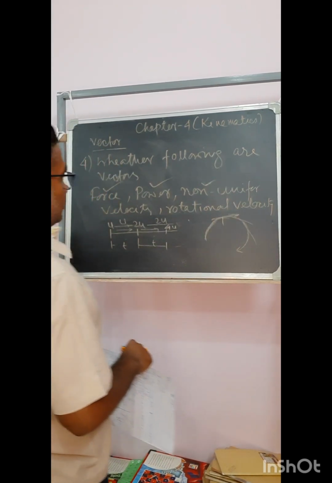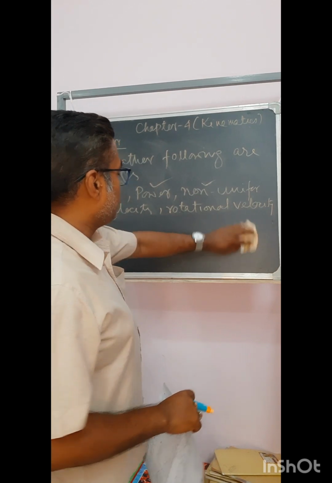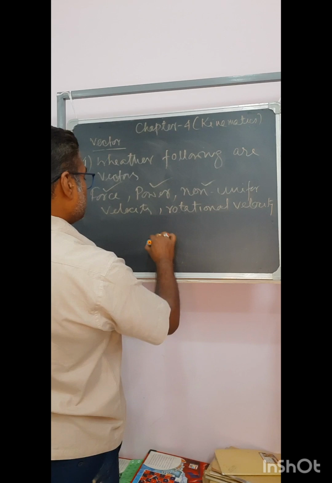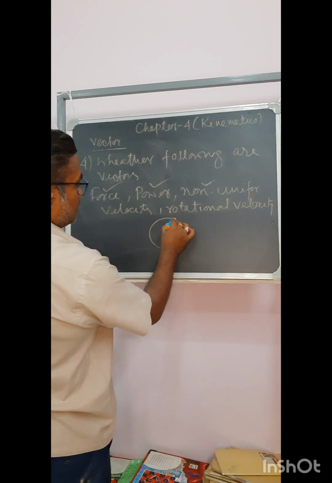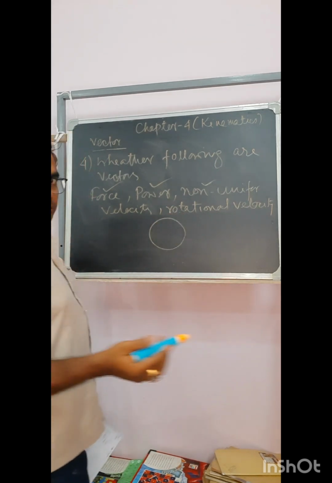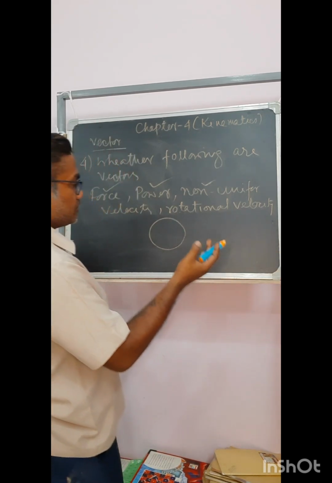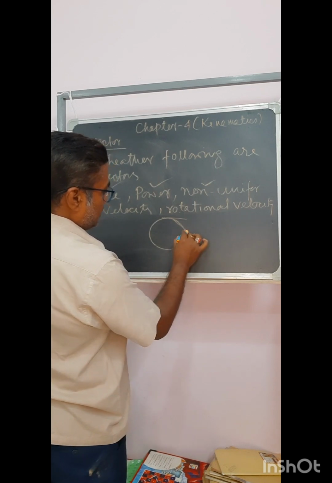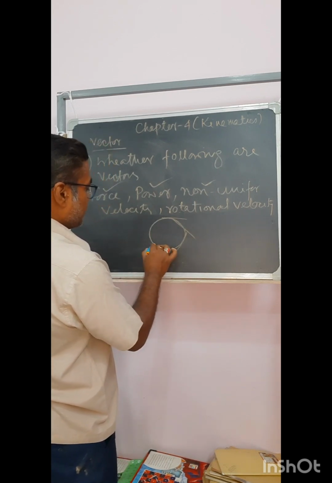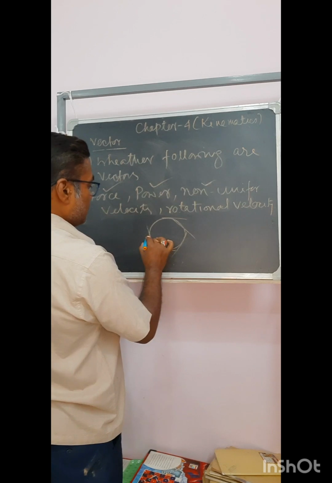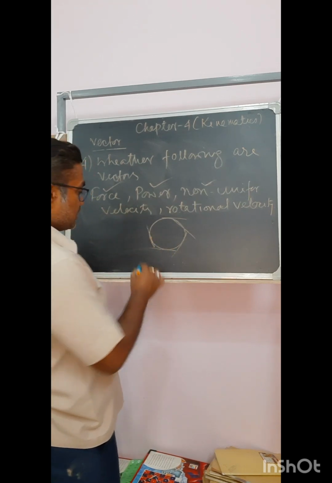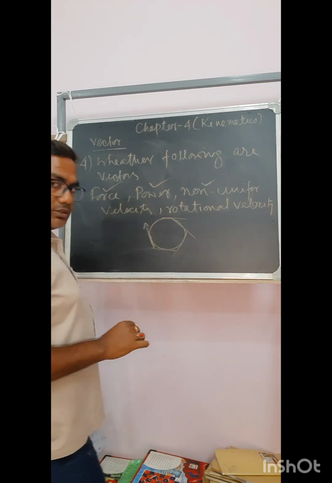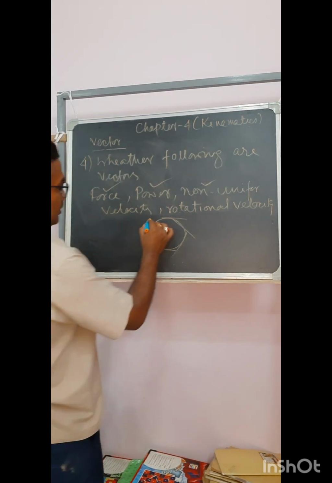Now come to the rotational velocity. Rotational velocity is somewhat similar to the non-uniform when it is moving on a circular path, because the same concept applies: the velocity at any point of time is the tangent to that point. If I want to calculate the velocity at this point, I draw a tangent, which denotes the velocity at that point of time.